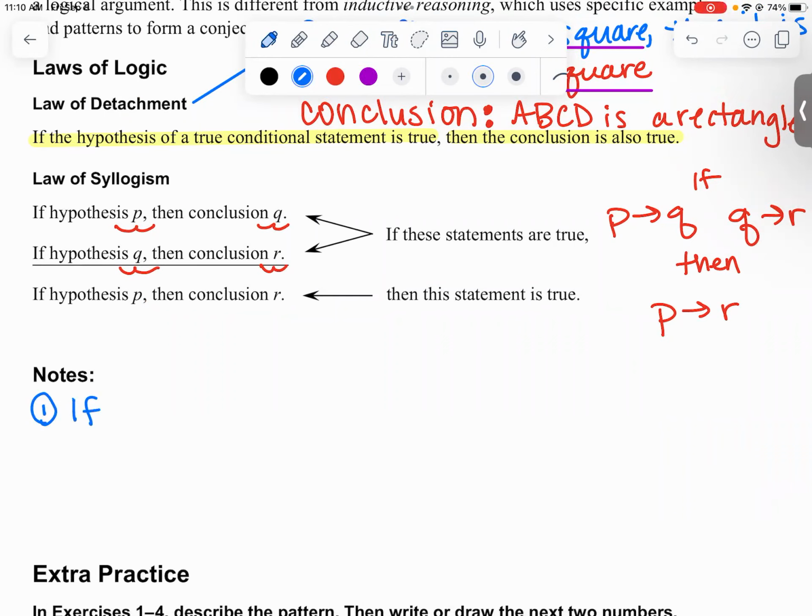So under this notes part, if 2x plus 4 equals 8, then 2x equals 4. That is a conditional statement. If hypothesis, then conclusion.